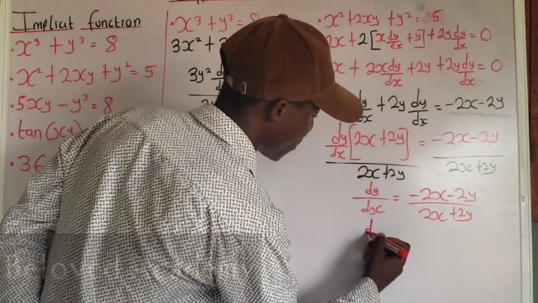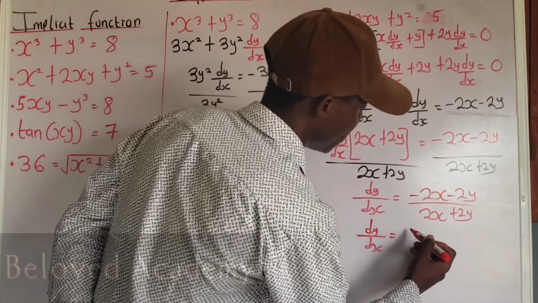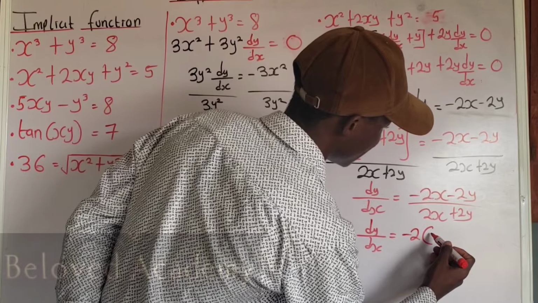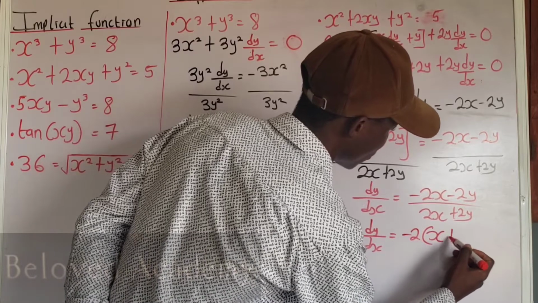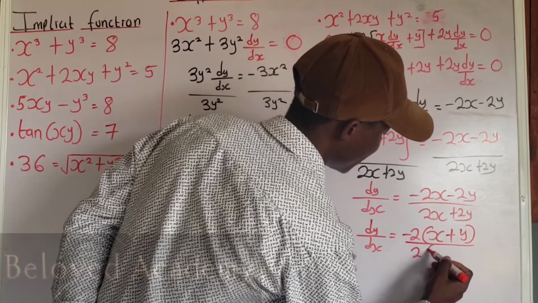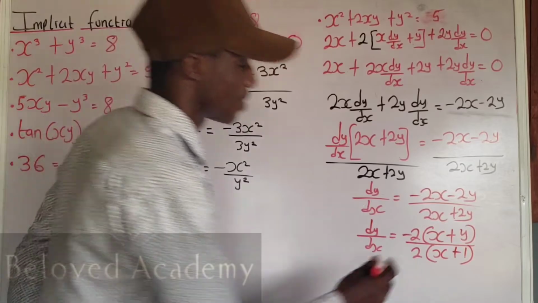So I'm going to have dy over dx equals negative 2 into bracket x plus y, all over 2 into bracket x plus y.